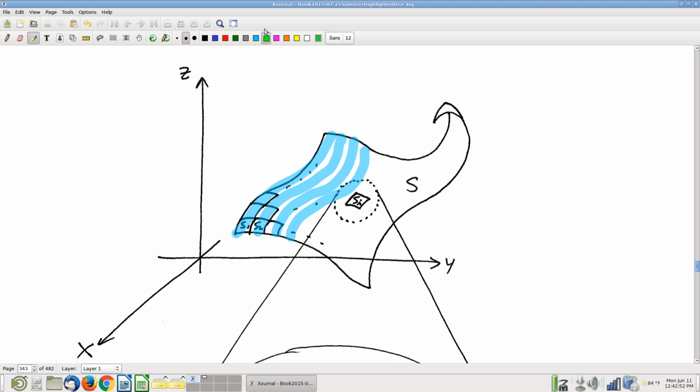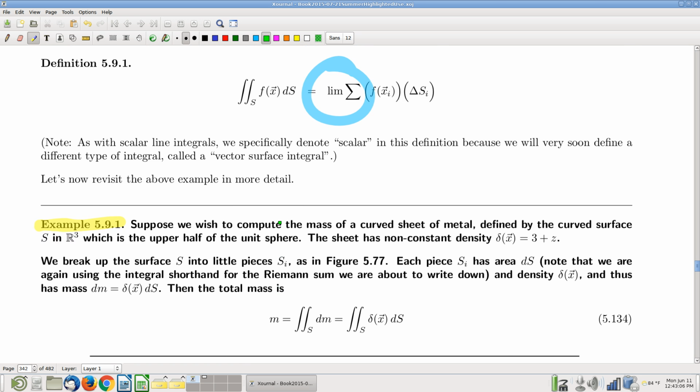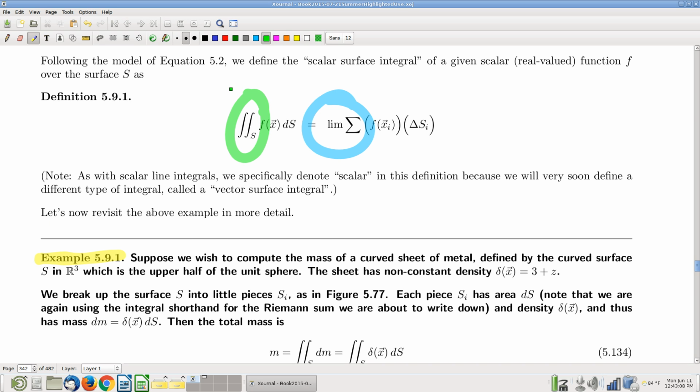And then, once I know which slice you're in, I would need to know which little piece along that slice. Two indices. So, two indices, we're going to shorthand it with two integral symbols, just like a double integral.